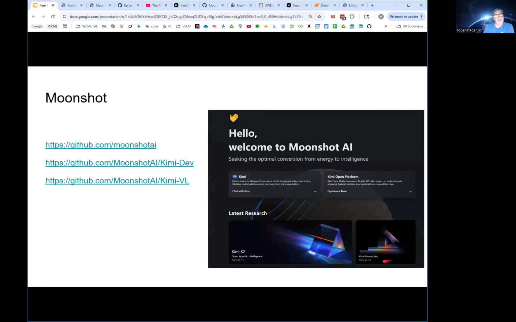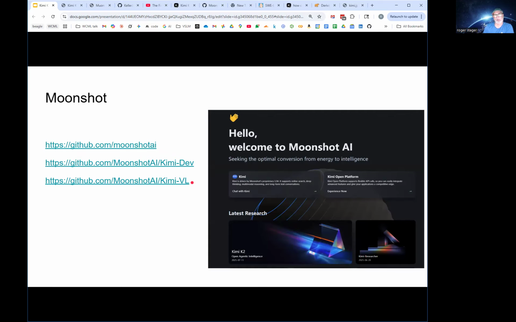Okay, Moonshot also has a GitHub, and they're more than just the Kimi. There's also a coding agent, and I didn't quite understand this because they talked about Kimi K2 does not have vision, that they're going to be doing that, I think later this year. But there is a Kimi Vision version.